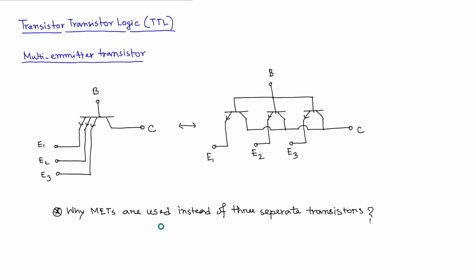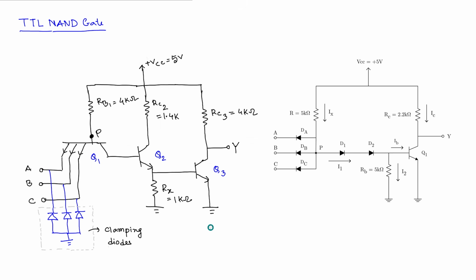Now how that actually works in terms of our circuit, which is TTL logic family, we will try to understand through the help of this circuit, which is an implementation of TTL NAND gate. Before we do that, let us try to compare the circuit we have here for TTL with the one we have already learned before.